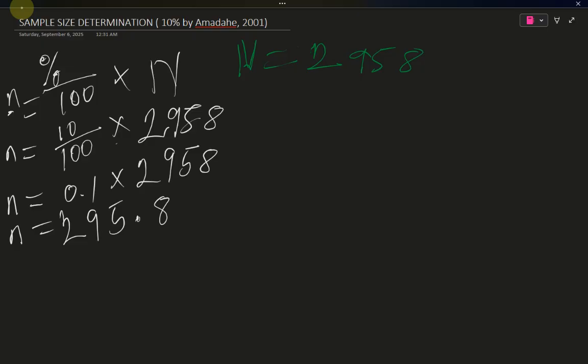So you add 1 and you get 296. But if this number was less than 5, we don't add anything, we just take it off. So if they say round it off, you are still doing what we are doing right now: if this number is more than 5, you add 1; if it is less than 5, you maintain what is here.